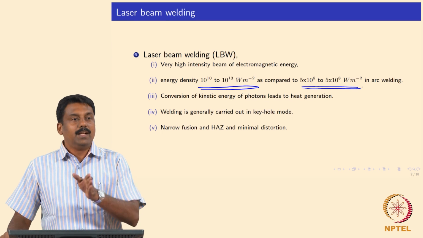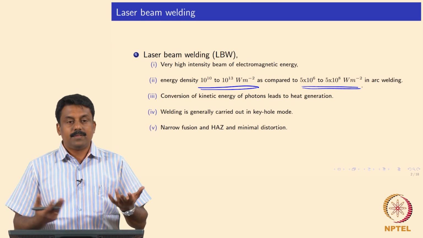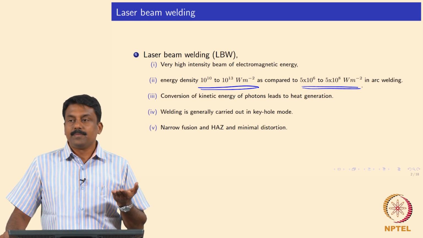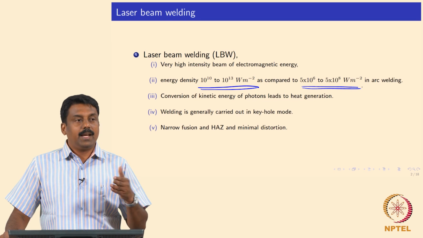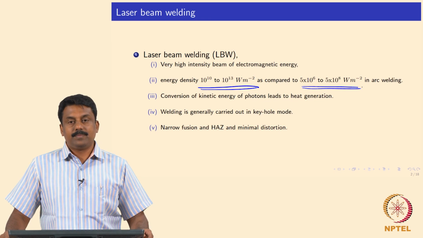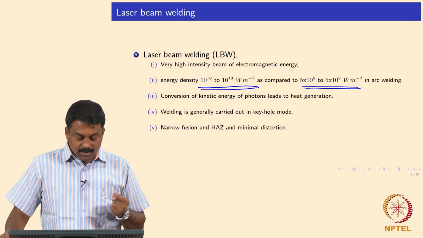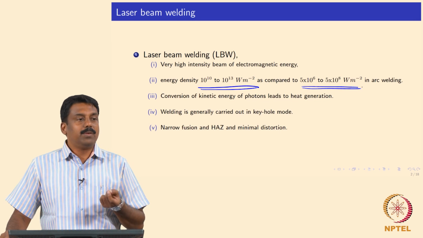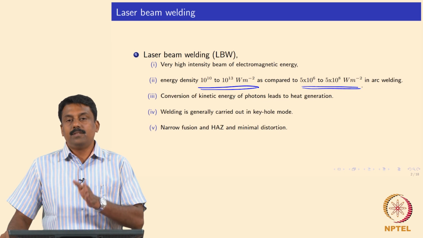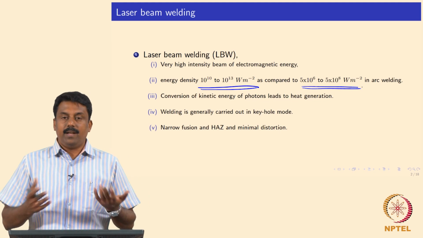When these laser photons impinge on the sample, they get attenuated and interact with the base material, and during this process the kinetic energy of the photons is converted into thermal energy. We will see the energy balance again in the physics in subsequent classes. So the main heat source is laser photons, whose kinetic energy is converted into thermal energy, which is used to melt and then fuse the interfaces.